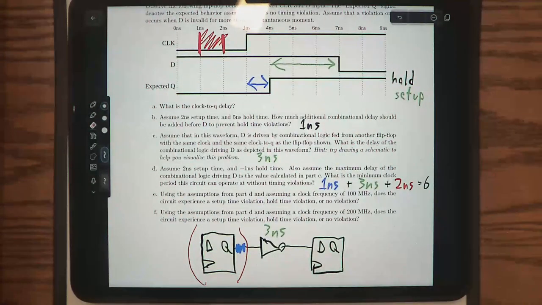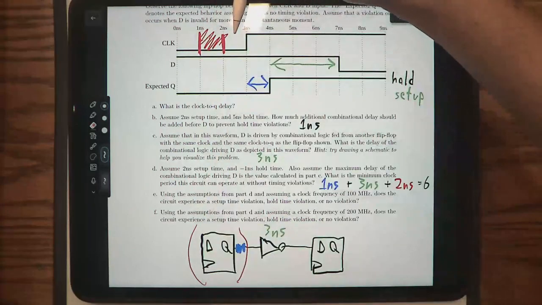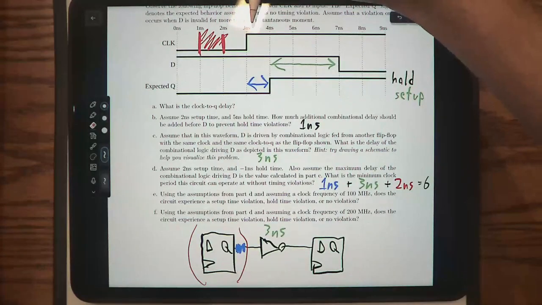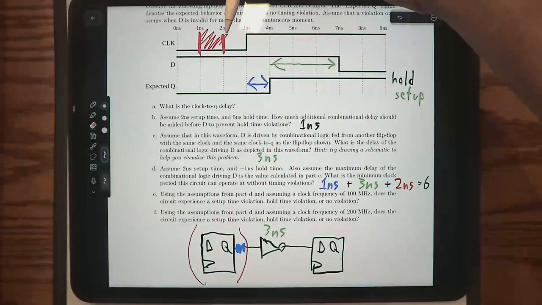I had a question about the negative hold time. The way I set up the diagram was that there's 2 nanoseconds of setup time before the clock edge, and then the negative hold time overlaps with that, so that the capture window is 2 nanoseconds. Correct, it's shifted, so it's not actually hitting the clock edge anymore.